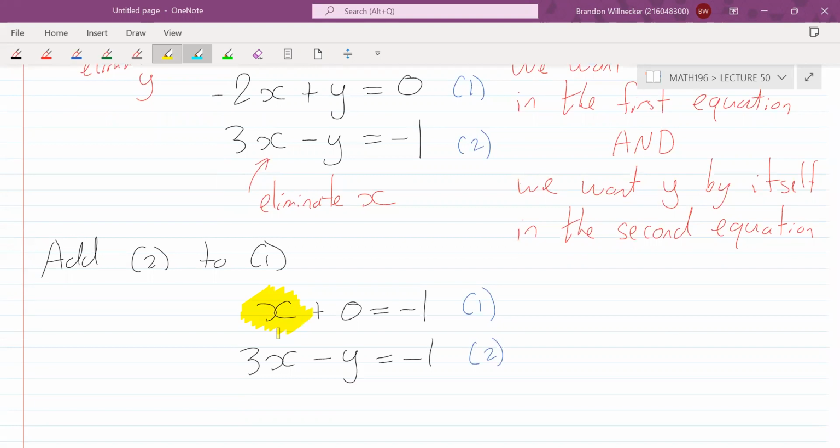Now for equation 2, we want to eliminate x. So what can we do with these two equations to get rid of that 3x? Okay, any ideas? Just remember the rules.